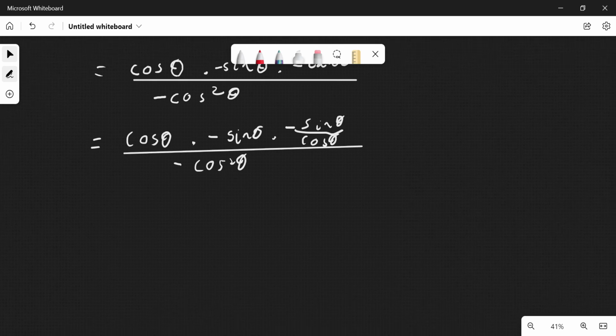I'm not forgetting my negatives here. I can cancel here and there, because these are over 1 individually, but I'm not writing it like that for the sake of speed. At the top I've got negative sine theta times negative sine theta, so positive sine squared theta, over negative cos squared theta, and therefore my answer is negative tan squared theta.